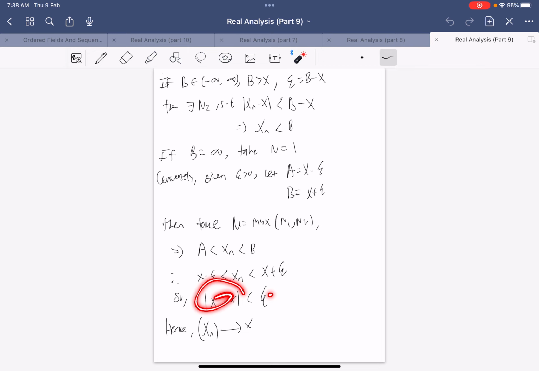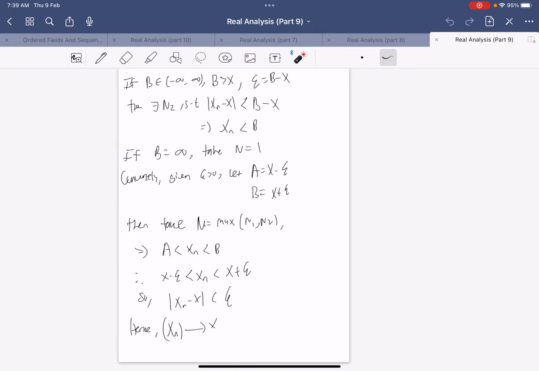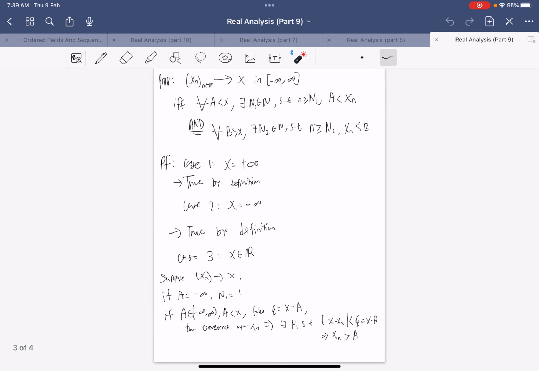And so xn minus x is bounded by epsilon. And because epsilon is arbitrary, xn converges to x. And we are done. And so this gives us a formulation or characterization of when a sequence converges in the extended real number system that we can use usefully, because now we can talk about the terms in the sequence.